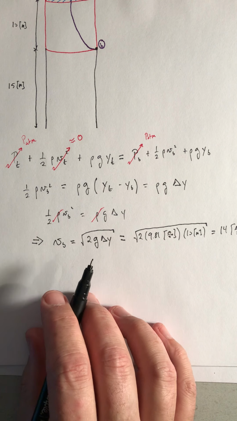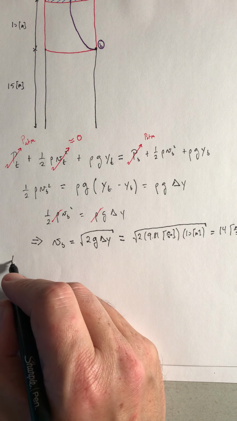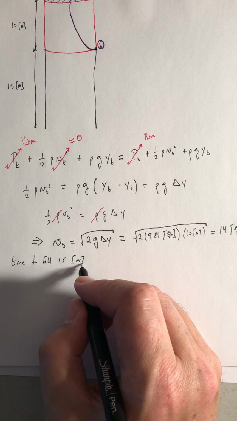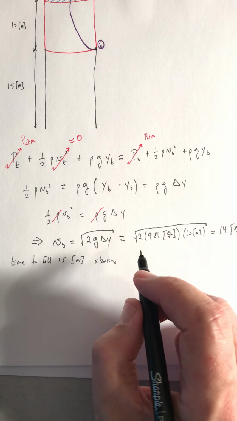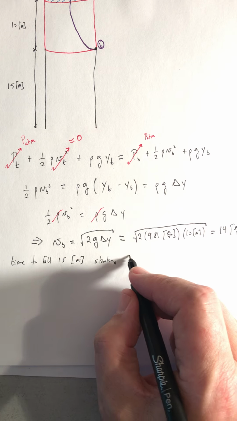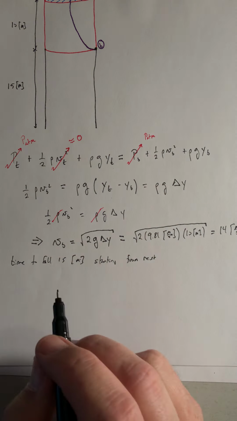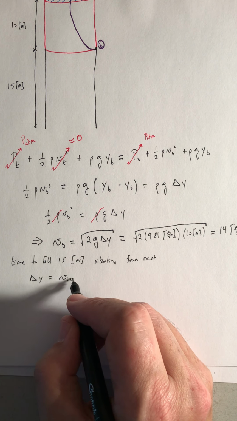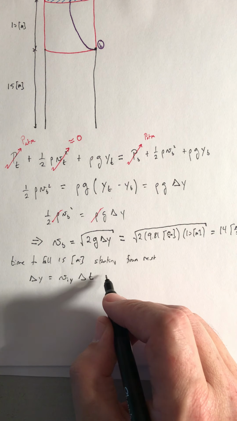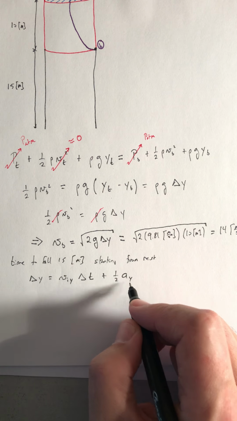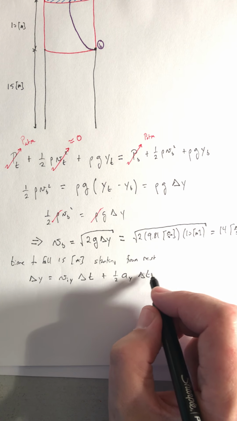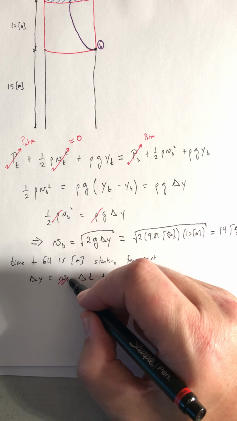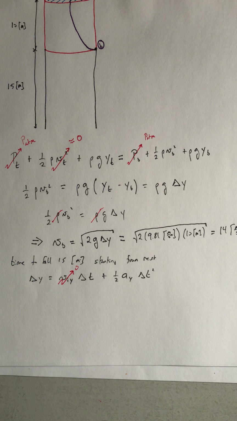So how long does it take to fall 15 meters, starting from rest? And it's from rest in the vertical direction, not in the horizontal. So delta y equals v initial along the y direction, delta t plus a half acceleration along the y direction, delta t squared. And it starts off with only a horizontal velocity, so that term goes to 0.